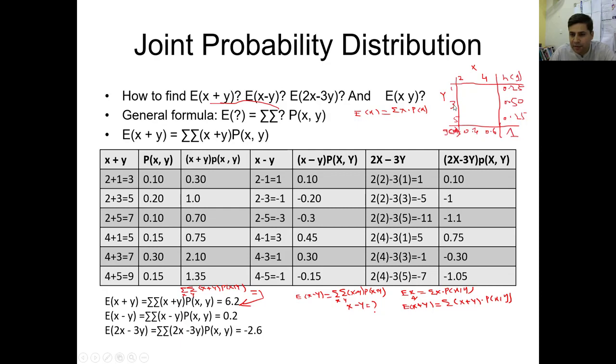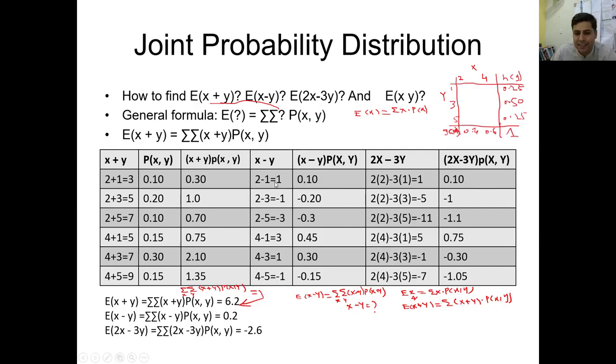When x is equal to 2 and y is equal to 3, 2 minus 3 is minus 1. When x is equal to 2 and y is equal to 5, it is minus 3. Similarly, when x is equal to 4 and y is equal to 1, 4 minus 1 is equal to 3. When x is equal to 4 and y is equal to 3, 4 minus 3 is equal to 1. When x is 4 and y is equal to 5, it will be minus 1.